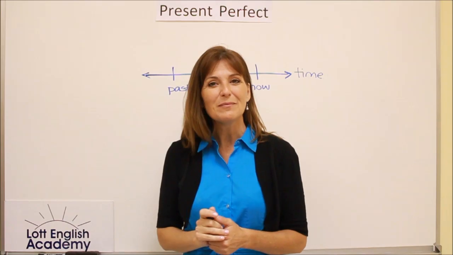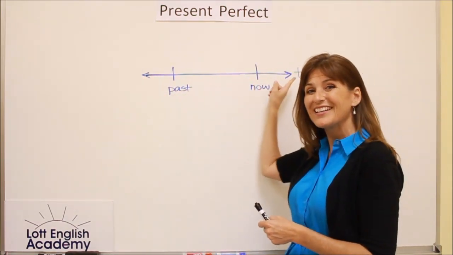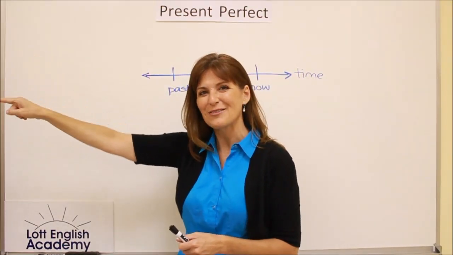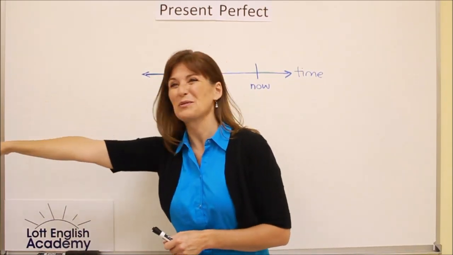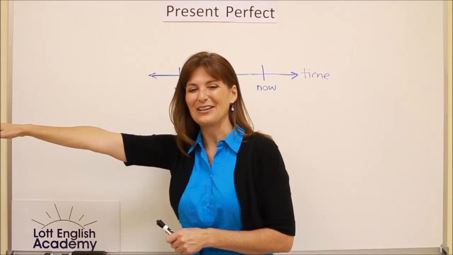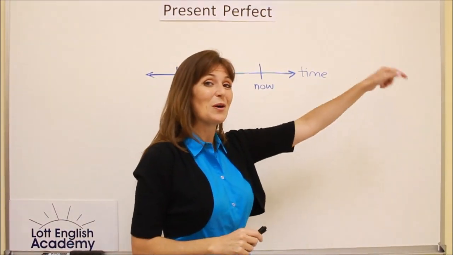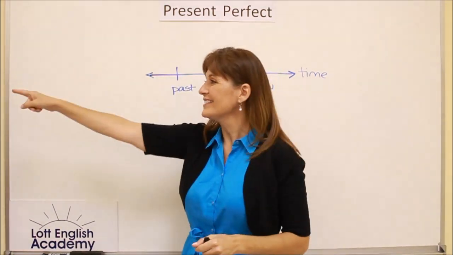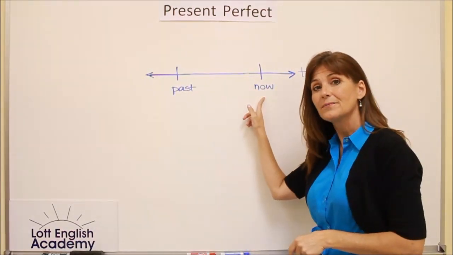Imagine that this line is time, and that direction is the past, like yesterday, last week, last year, the day you were born, way back there. Over in this direction, we have the future: tomorrow, next week, next year. So past, future, and here we have now.